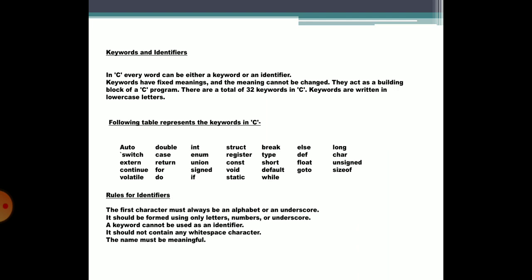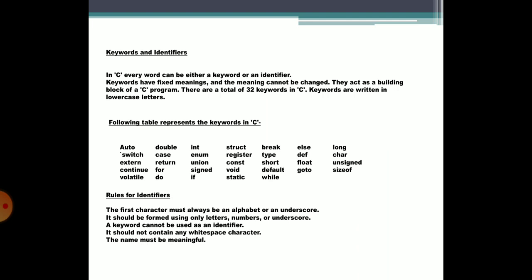So keywords are words used in a program with a specific meaning, and that meaning cannot be changed. Keywords serve as basic building blocks for program statements. Each has a particular meaning and is used for that specific purpose.